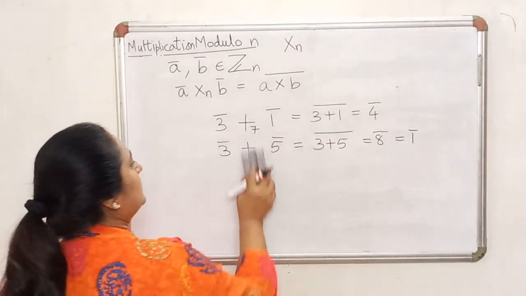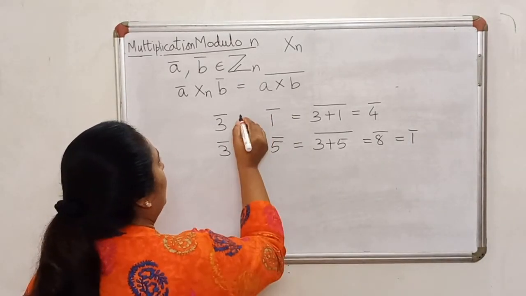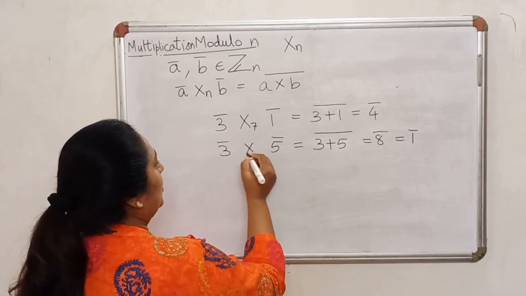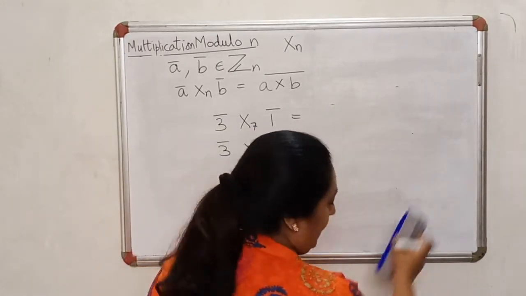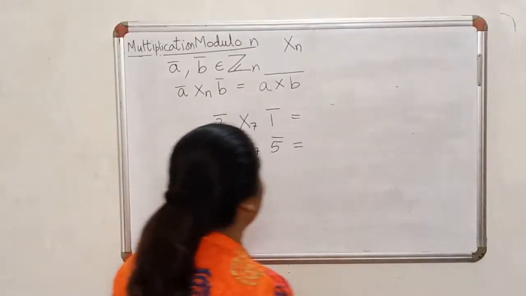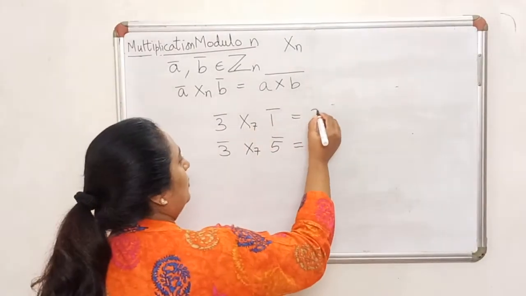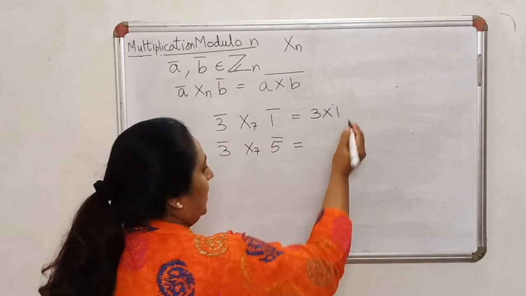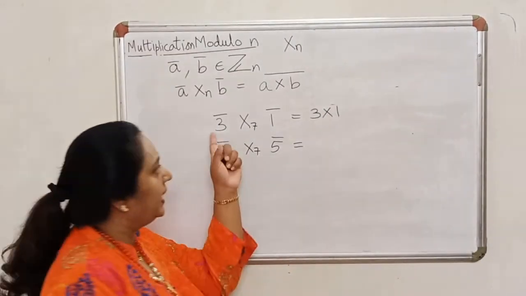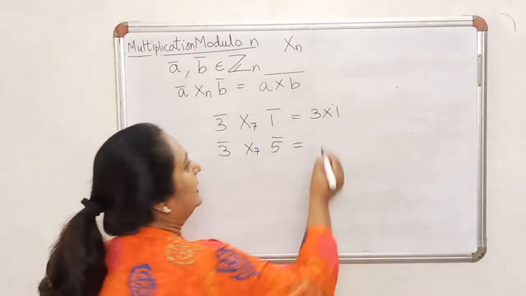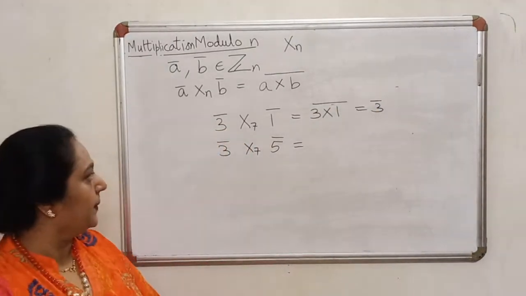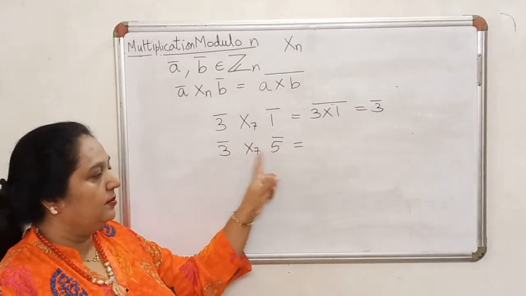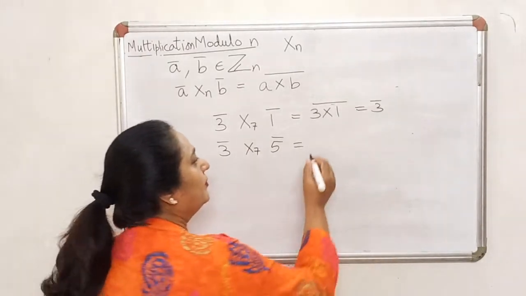So let's look at the same examples for multiplication modulo 7. This time we are dealing with multiplication. So 3 into 1. You multiply these integers first and then take the bar. So that will give me 3 bar. Next, multiply 3 with 5.